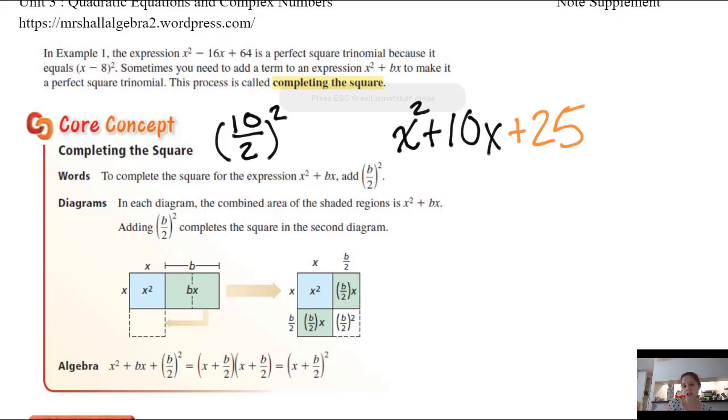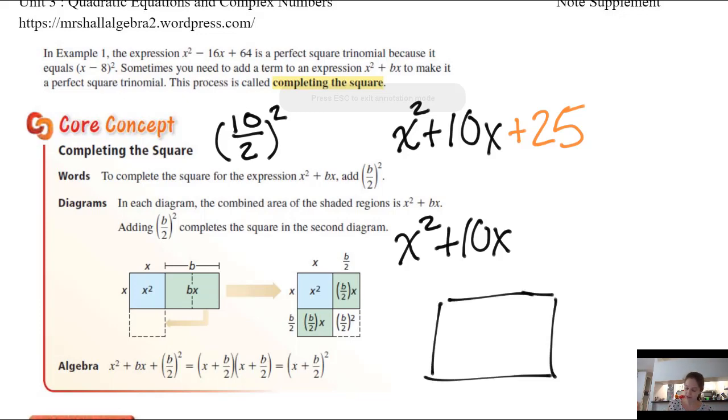Okay. So you can do this in words. You can do this in a diagram. In the diagram, the combined area of the shaded region is x squared plus bx. Adding b over 2 squared completes the square in the second diagram. So again, if we have x squared plus 10x, and we're looking for that third term that makes it a perfect square trinomial, you can picture this diagram where we have x squared, which is the product of x and x.